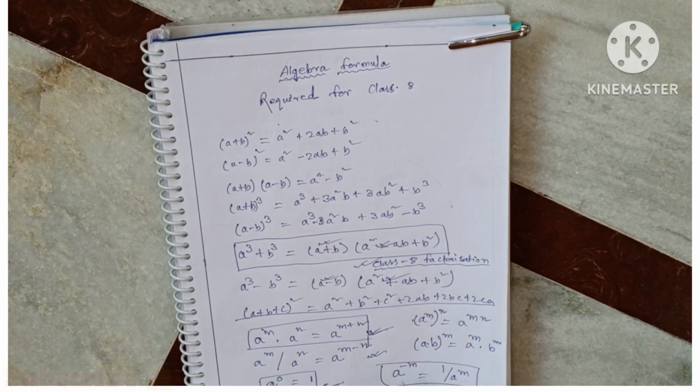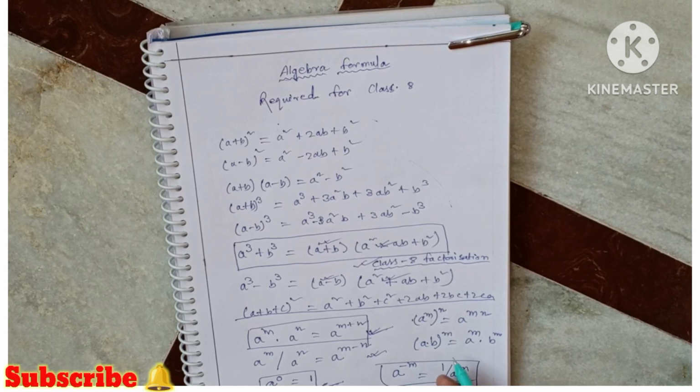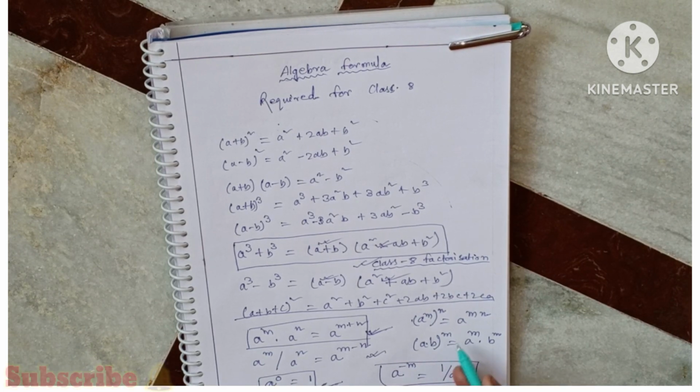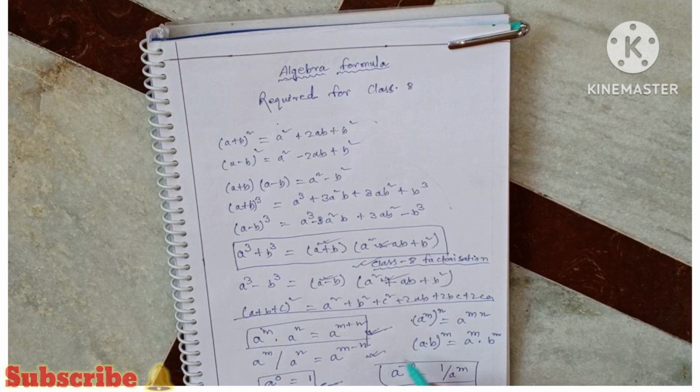Because a to the power minus m means the inverse of a to the power m. So inverse means 1 by a to the power m. When this a to the power m comes in the numerator part, this m will change to the negative sign because it is in the denominator now and we change it to the numerator. So this sign will be changed.